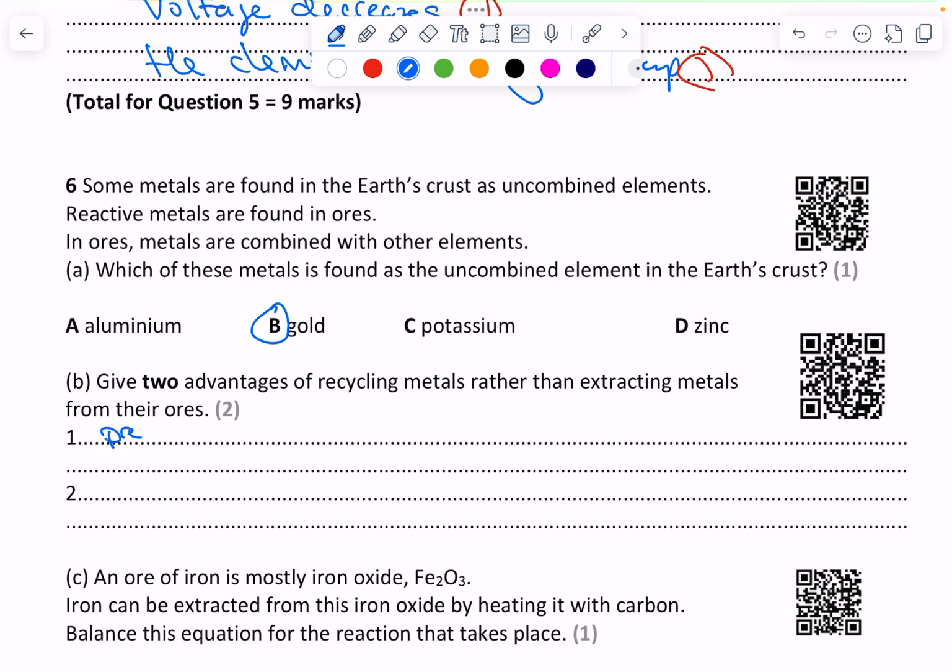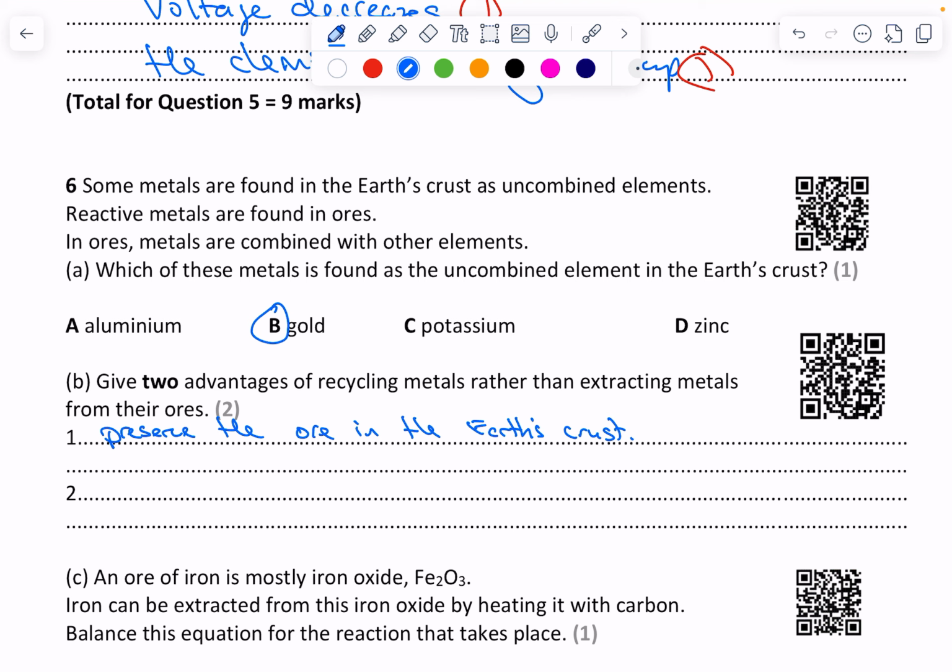So if we recycle, what we're going to do there is we will preserve the ore in the Earth's crust. We're not going to use that ore up, which is a key thing as well.